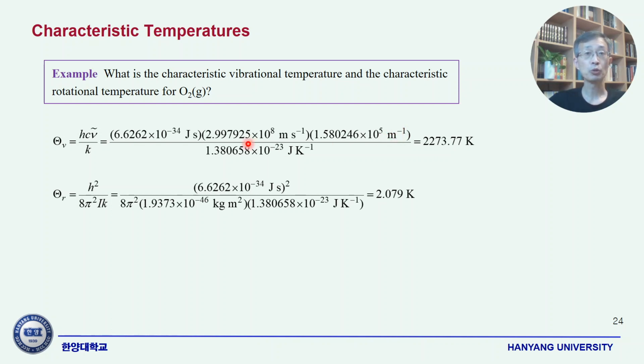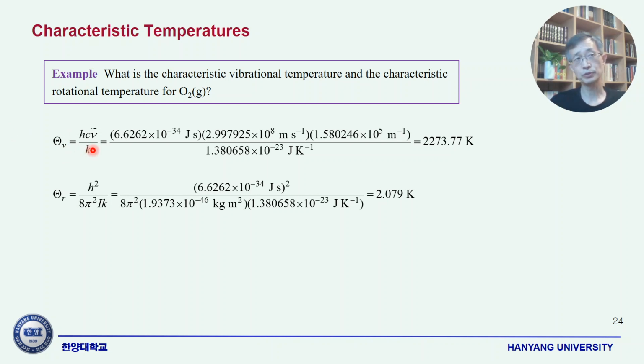And this is the speed of light, h the Planck constant, and the Boltzmann constant. This gives us 2273.77 K. So about 2200 K is the characteristic vibrational temperature.